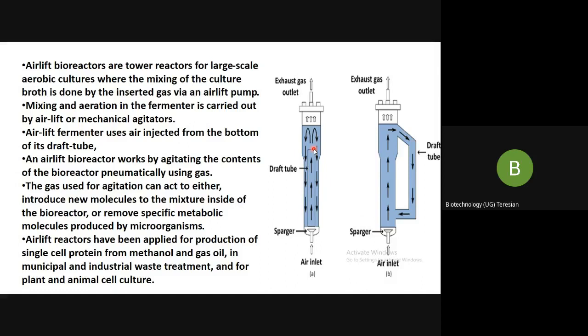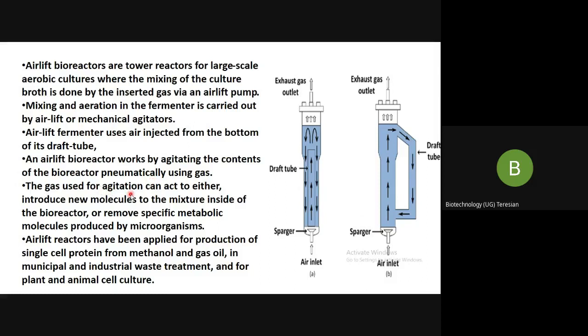Just because of the pumping of the gas, the liquid circulation occurs. Here also it is occurring. Since there is no requirement for any agitator, it is also called a pneumatic fermenter, because it has a very similar working mechanism to pneumatic fermenters.